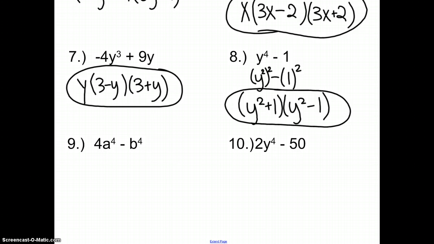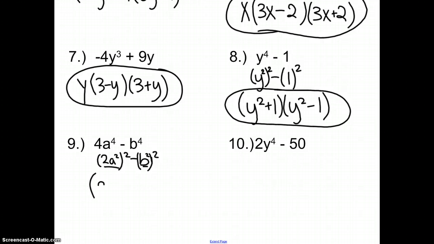For number 9, we have 4a to the 4th minus b to the 4th. And again, we can rewrite this as 2a squared squared minus b squared to the second, where 2a squared is our x term and b squared is our a term.